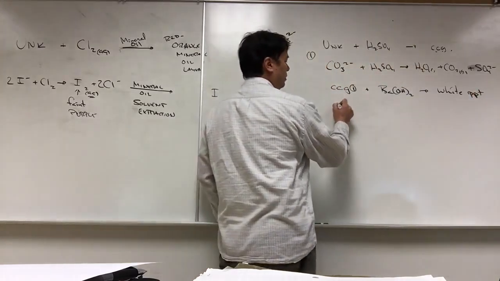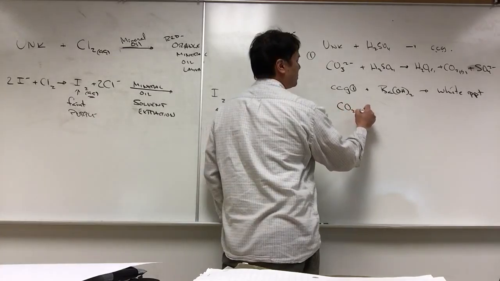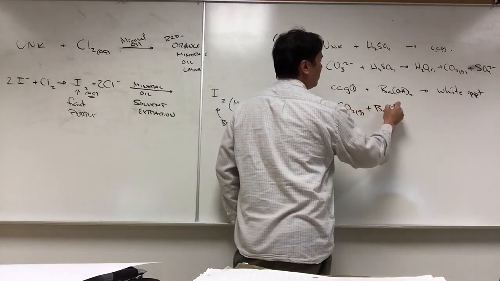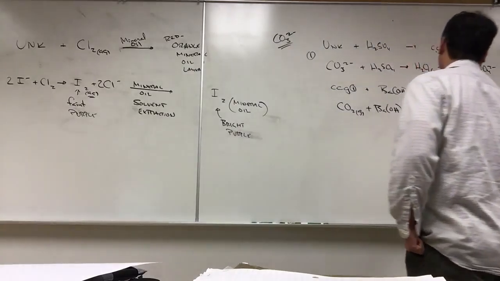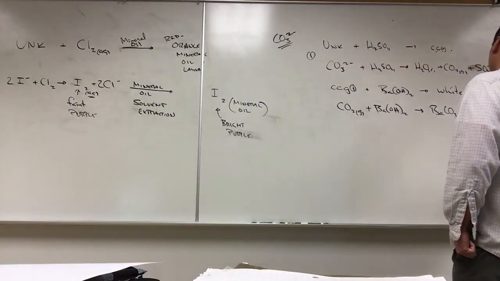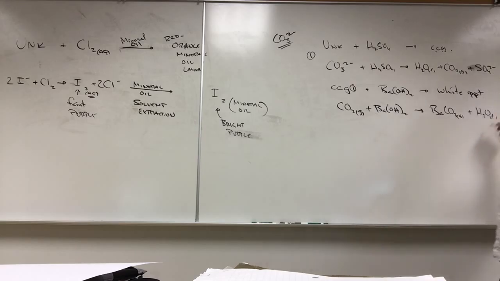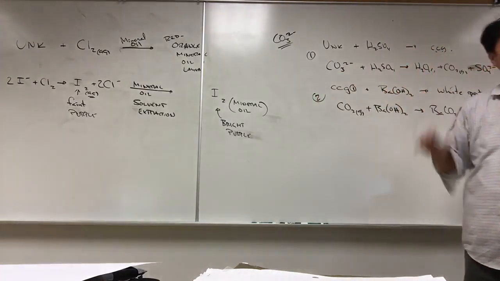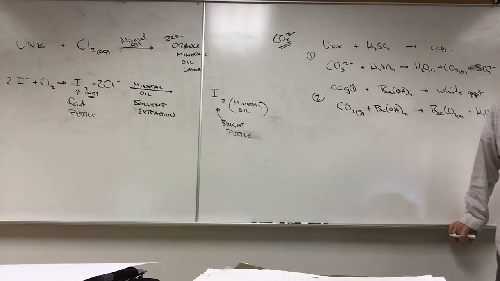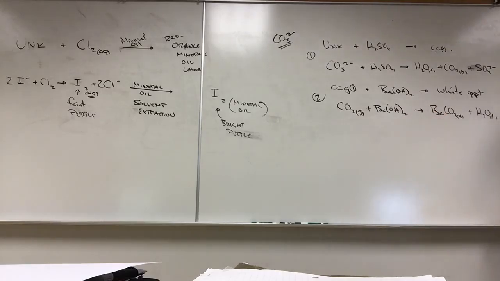And so the CO2 gas reacts with aqueous barium hydroxide, and we form barium carbonate, solid, plus H2O liquid. This reaction is what type of reaction here? This is an acid-base. What kind of acid-base reaction is it?